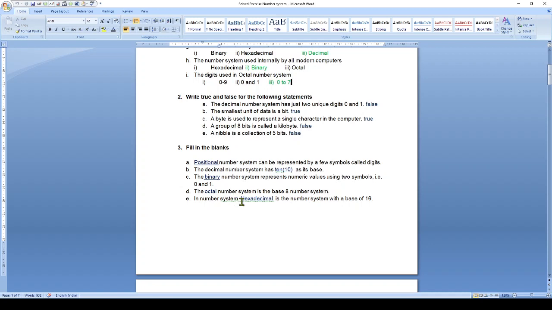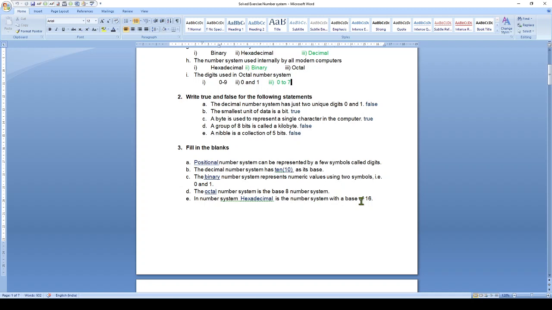In number system, hexadecimal is the number system with a base 16. So hexadecimal is the number system with a base 16. There are 16 digits in hexadecimal number system, 0 to 9, A to F. 0 to 9 there are 10 digits, and 10 to F there are 6 letters.